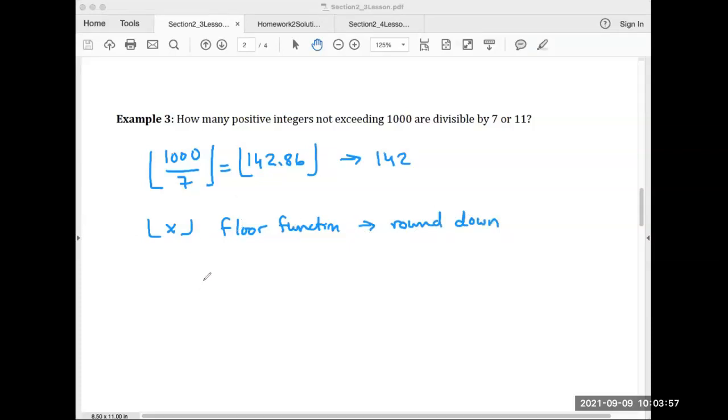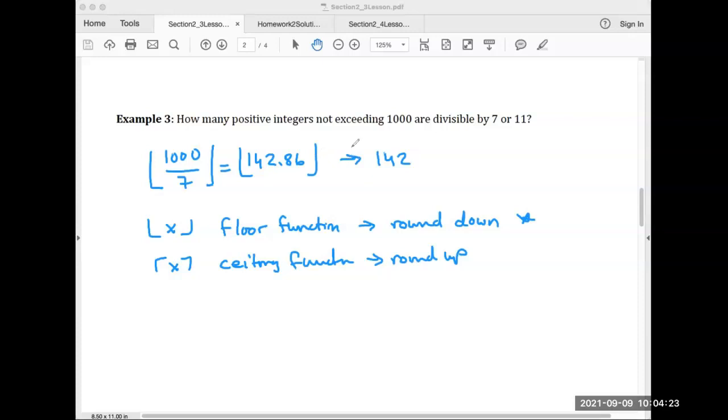We're going to come across these occasionally, so it's good to be aware of it. The ceiling function, with the brackets at the top, you round up.